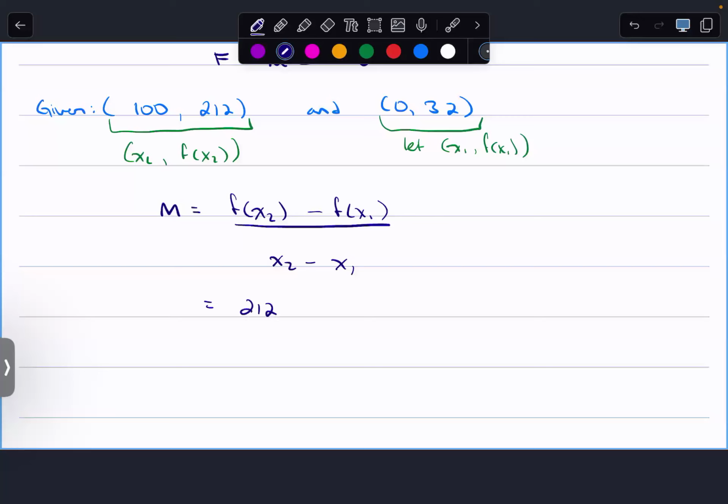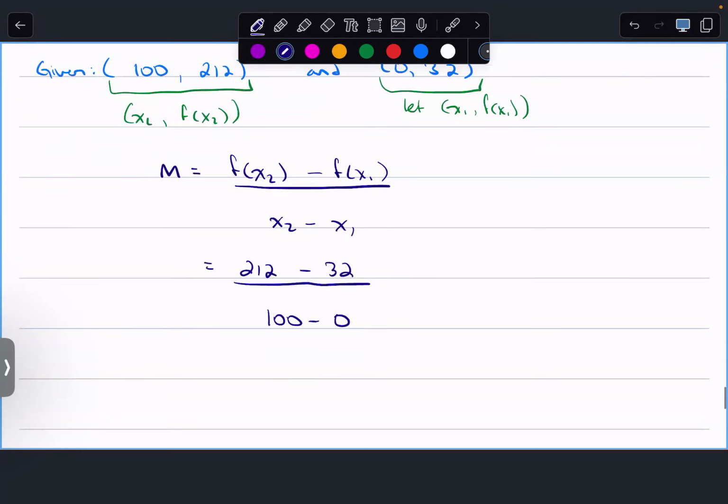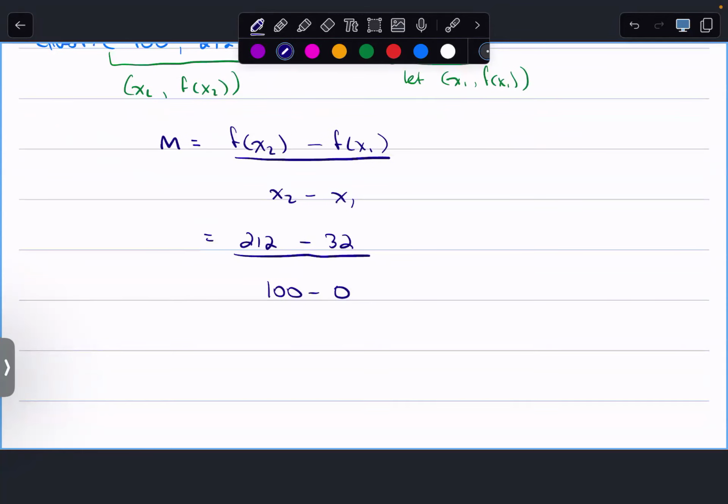We decided f of x2 is 212 minus f of x1 is 32, divided by 100 minus 0. 212 minus 32 is 180, divided by 100.